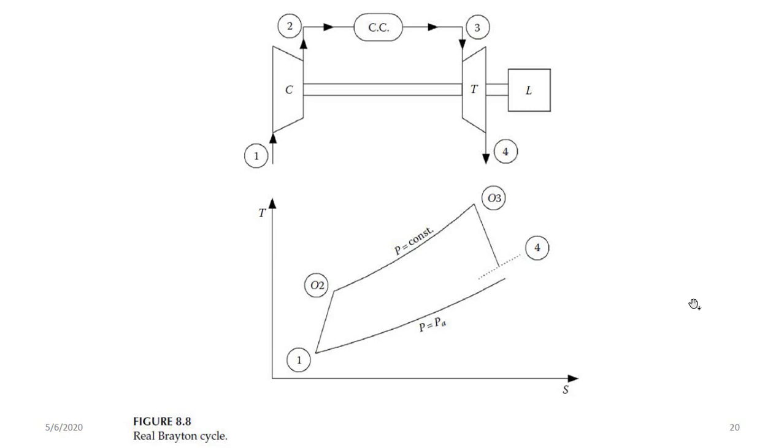which in this case is not the same, because as you can see from this diagram, here there's 4 and there's some dots, so the 4 is not joining with this line. If these two were joining, it means, because these are constant pressure lines, that pressure at 4 will be equal to the ambient pressure, meaning that the exhaust from the combustion chamber, after it expands in the turbine, will expand to atmospheric pressure.